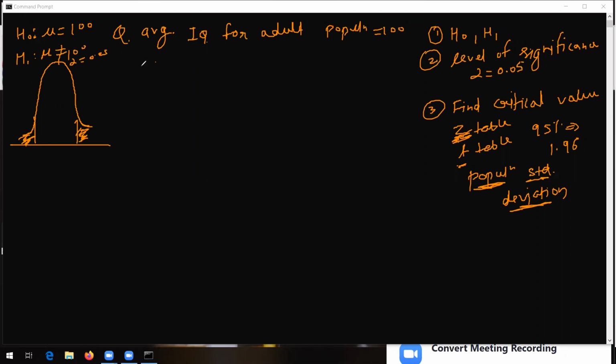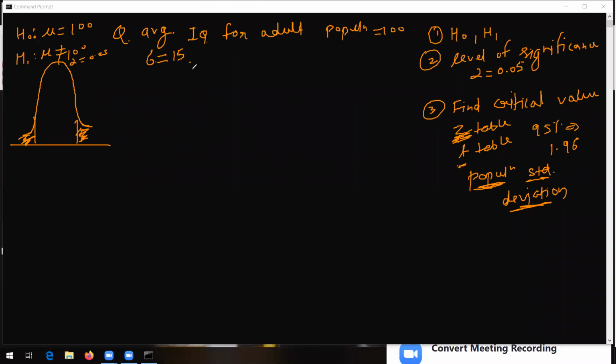With standard deviation, for population we always denote standard deviation with sigma, and it is given as 50. So the average IQ for the adult population is 100 with standard deviation as 50, right?